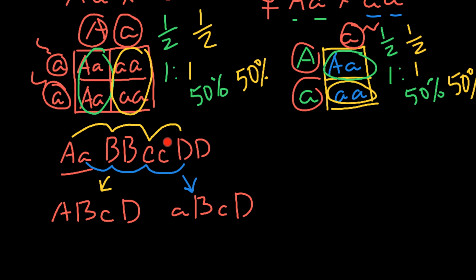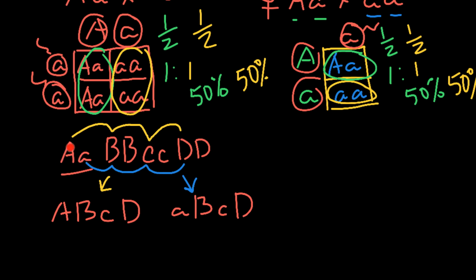If say any of these genes also were heterozygous, then we would have 2 heterozygous genes, and we would have in this case 4 variants of the gametes. So basically we are only interested in how many heterozygous genes we have.